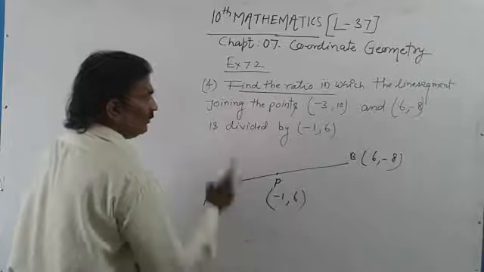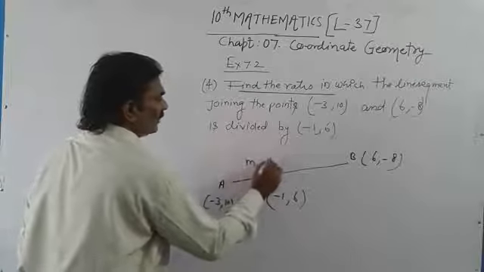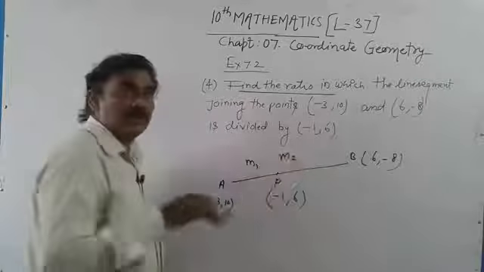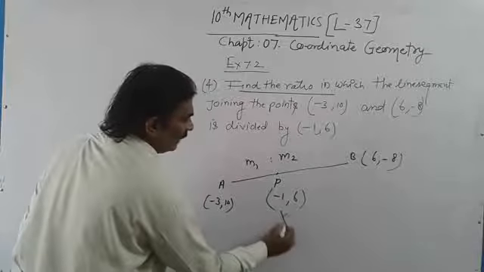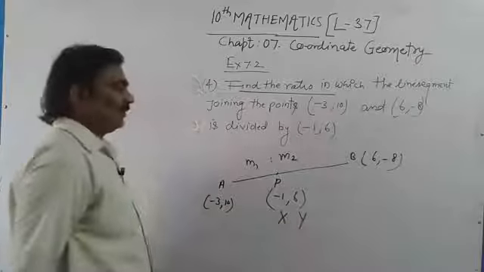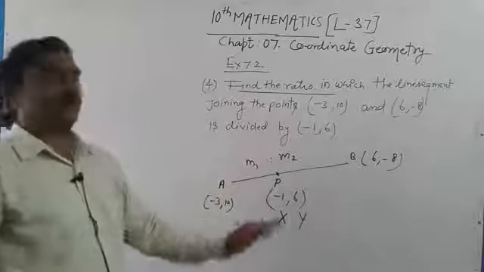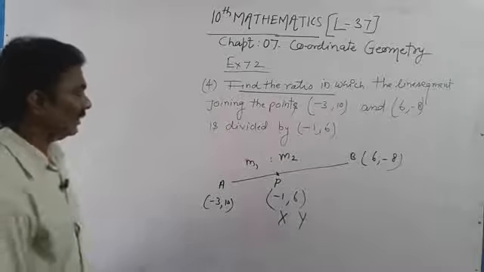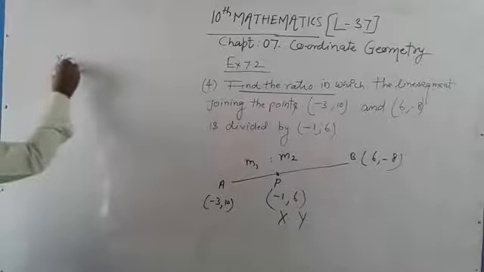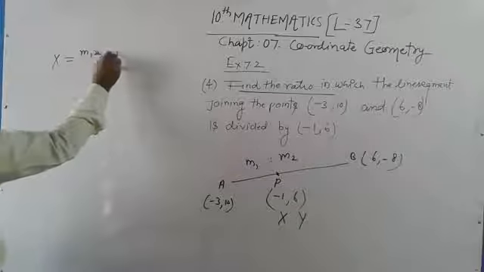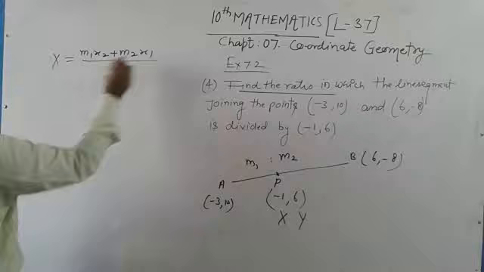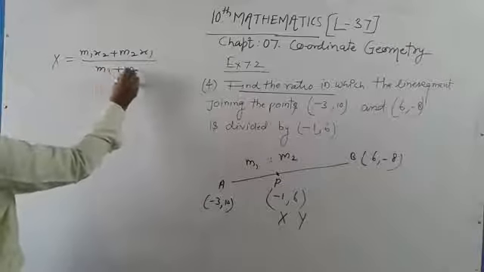So remember students, we have to find the ratio m1 ratio m2, which is unknown, but here capital X and capital Y are given. The coordinate of point P divides the line segment into ratio m1 m2, and we have to find m1 m2. So using the same formula, X is equal to m1 x2 plus m2 x1 upon m1 plus m2.